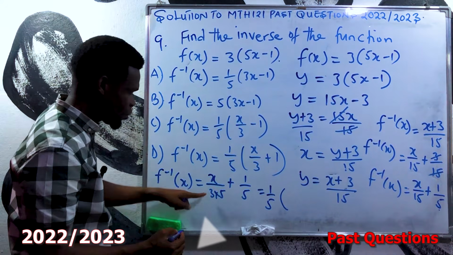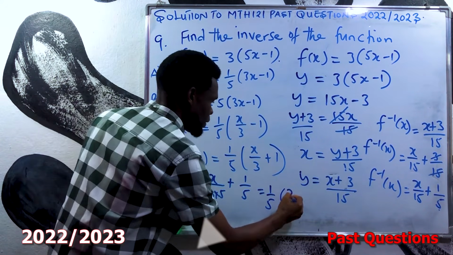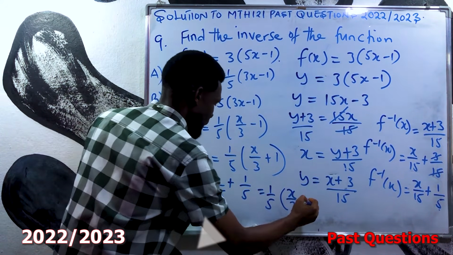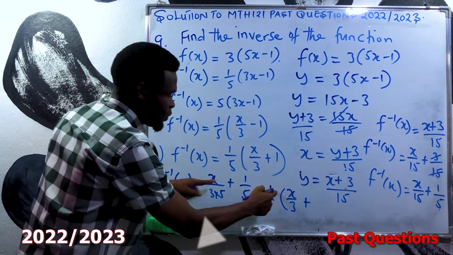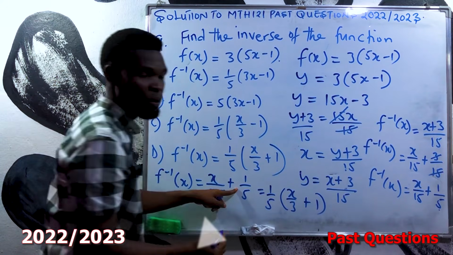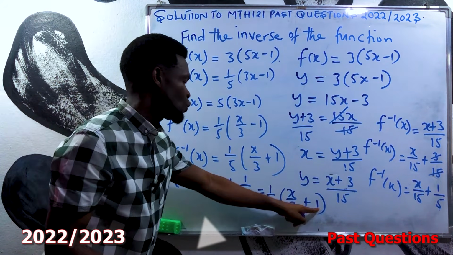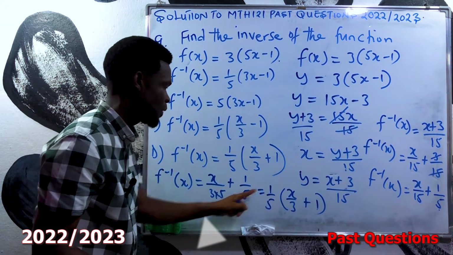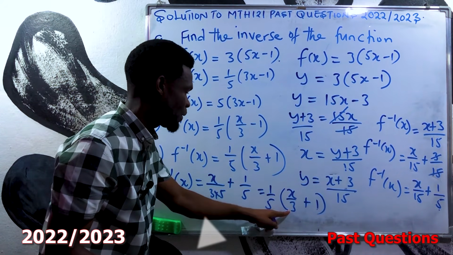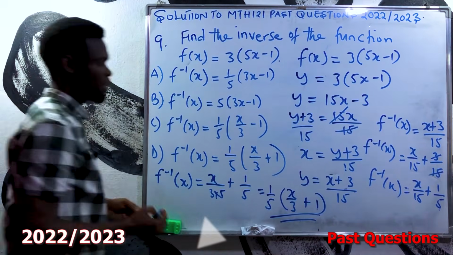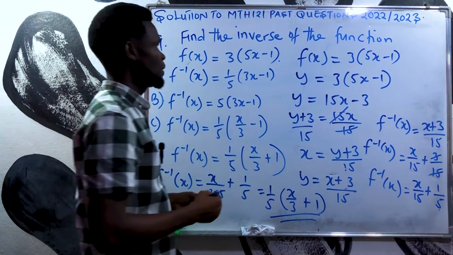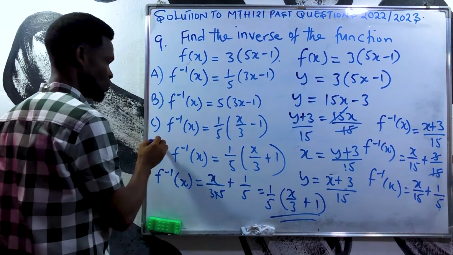I'll be left with x over 3 plus, I have factored out 1 over 5. What I'm left with there will be 1, because 1 over 5 times 1 is 1 over 5, and 1 over 5 times x over 3 is x over 15. So this gives us the final answer. And that is option D.